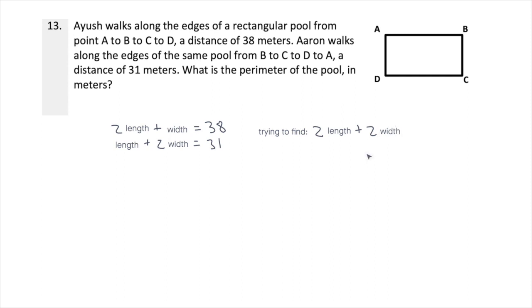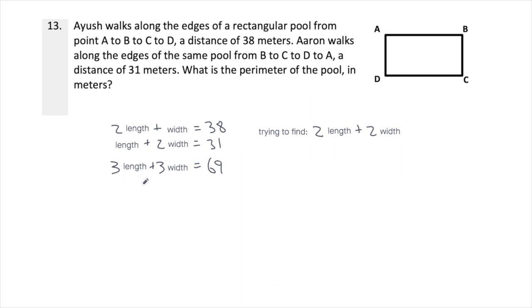To find the perimeter, we can start by finding the sum of these 2 equations. So adding 2 times length plus length, we get 3 times length. Adding width plus 2 times width, we get 3 times width. Adding 38 and 31, we get 69. To go from 3 length plus 3 width to 2 length plus 2 width, we can divide this equation by 3 and then multiply by 2.